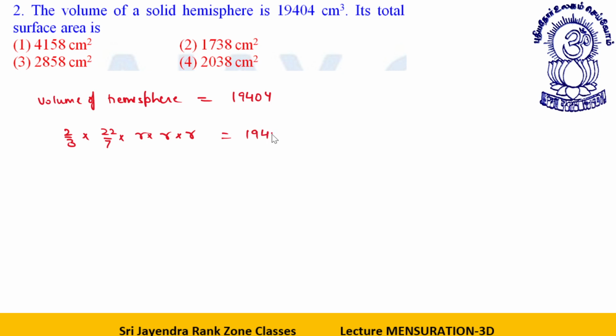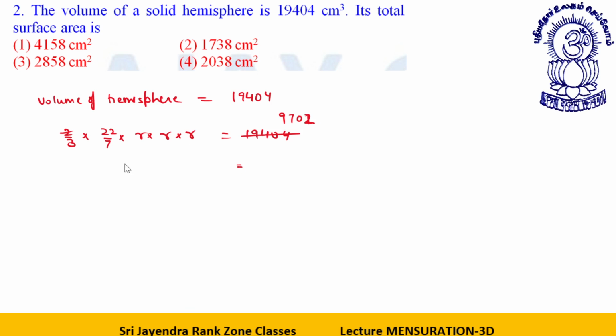This is 19404. First, let's cancel whatever we can cancel. This is 9. 194 is, I can say, 9702.